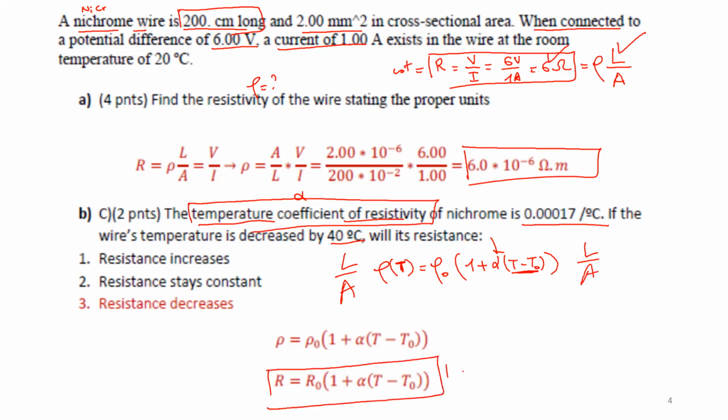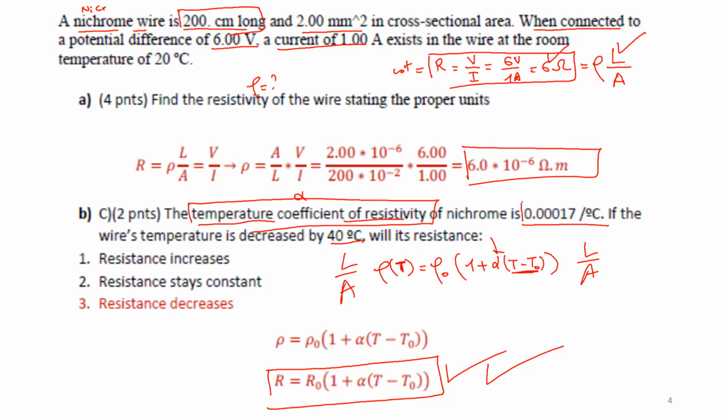And this, you saw this in the lab. Okay, resistance at any temperature is R naught, resistance at my reference temperature, multiplied by 1 plus alpha (T minus T naught). Okay, alpha is a constant, and that's called the temperature coefficient of resistivity.